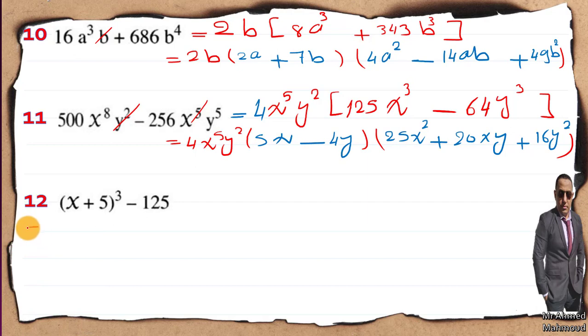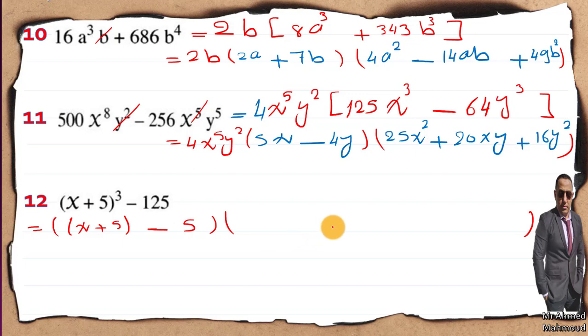How come, Mr. Ahmed? First, I'm going to open a small bracket and a big bracket. Inside the small bracket, I'm going to take the cubic root of the bracket power of 3, which equals the same bracket but power 1, minus the cubic root of 125, which equals 5.